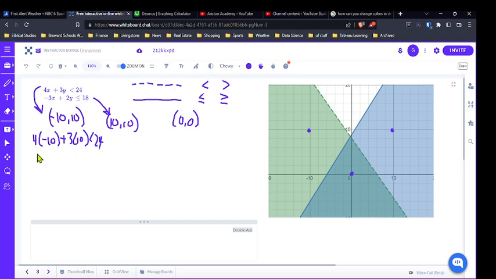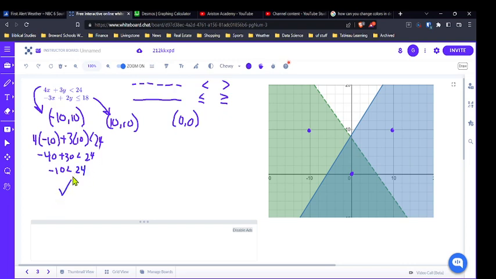Well, 4 times minus 10 is minus 40, and then 3 times 10 is 30, and that has to be less than 24. Well, if I add minus 40 and 30, I get minus 10. That's less than 24. That inequality checks out.